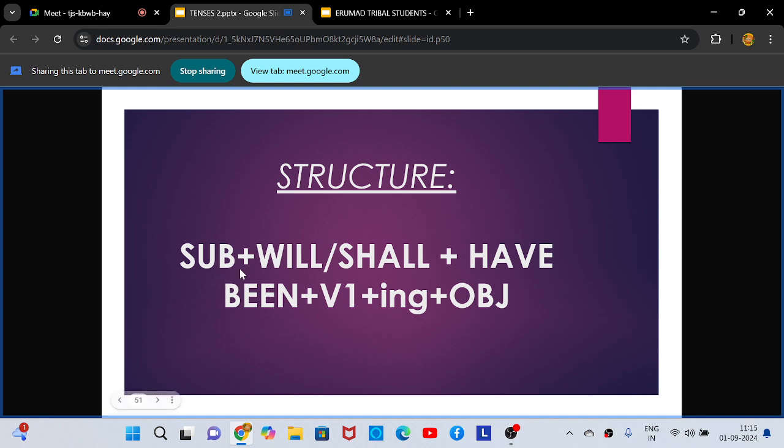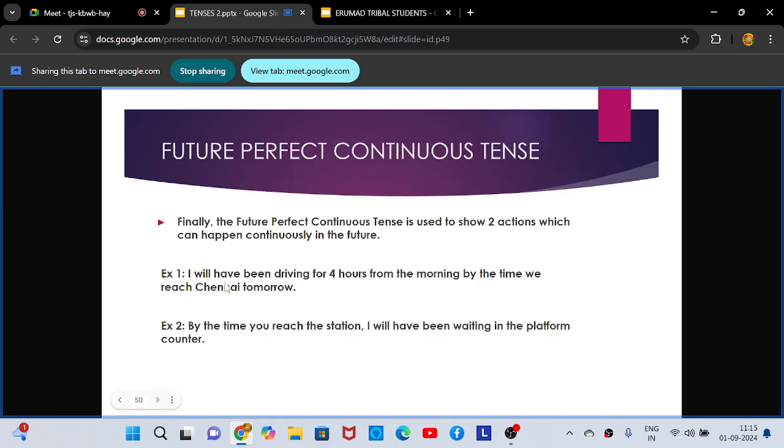So here subject will be there, will or shall will be there, plus have been plus V1 plus ing plus object. So here you can see, I will have been driving for 4 hours. So I is the subject plus will have been plus driving is V1 plus ing, for 4 hours is the object.